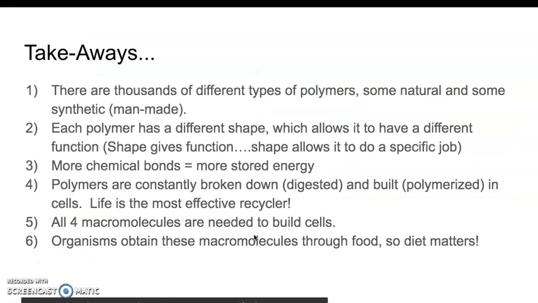All right, big takeaways here. So there are thousands upon thousands of different types of polymers, and some come from nature, and then some of them we have man-made. They're called synthetic polymers. Plastic is a perfect example of that. Polymers have different shapes, and their shape allows them to do a specific function.